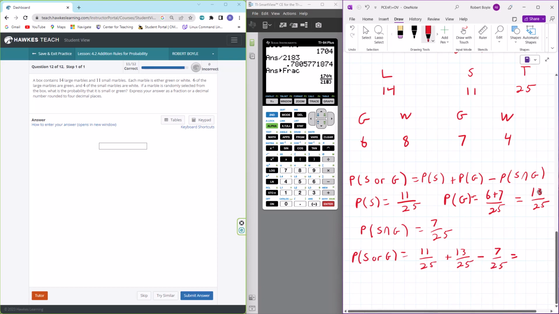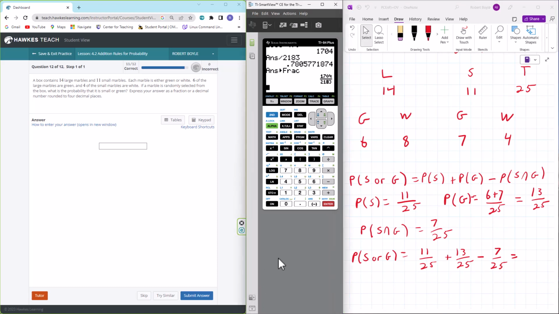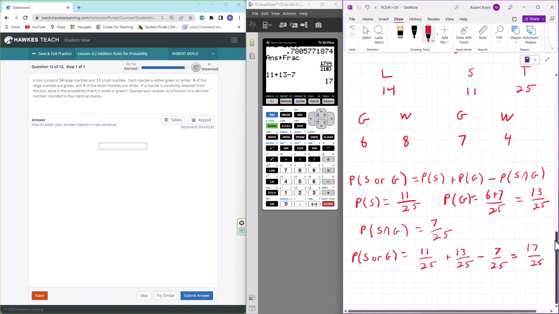I think it's going to be 17 over 25. Let's see. 11 plus 13 minus 7, 17 over 25. And I'm pretty sure that is going to be a reduced fraction because 17 is a prime number and 25 is a non-factor of 17.